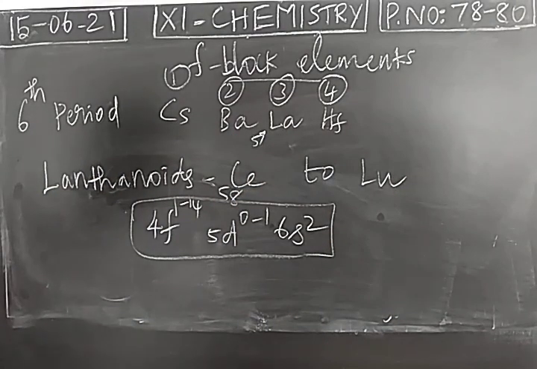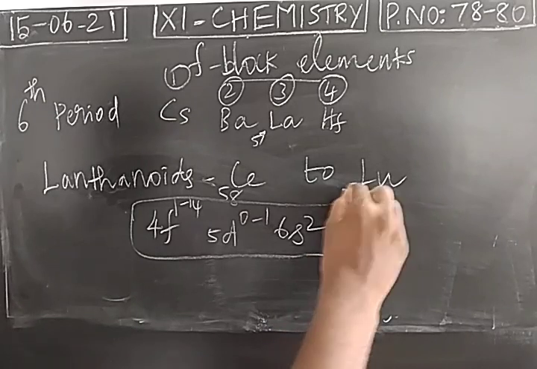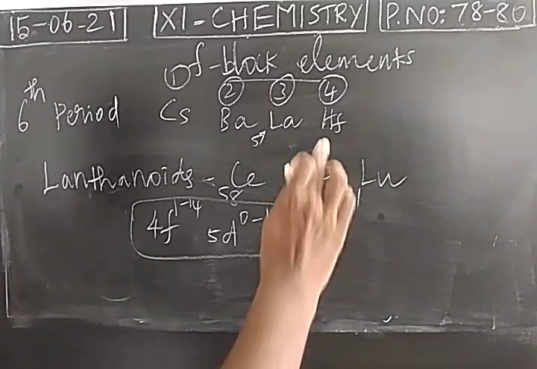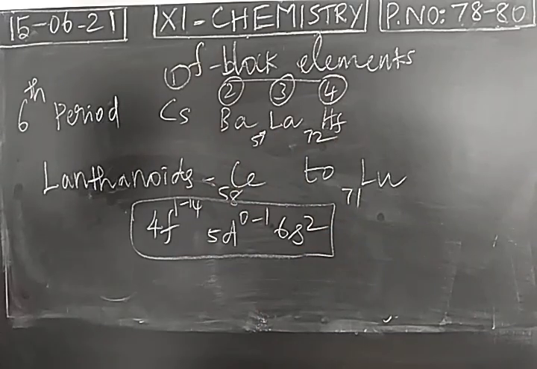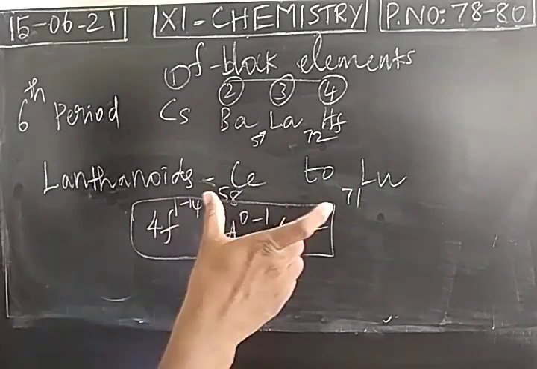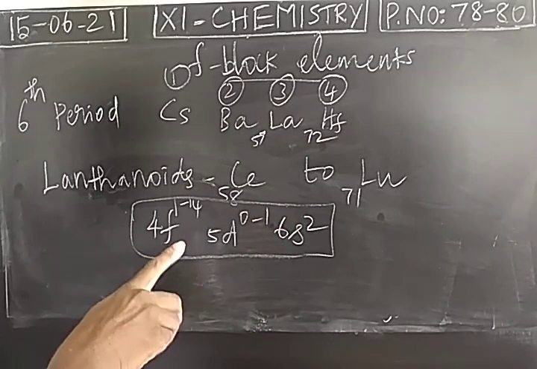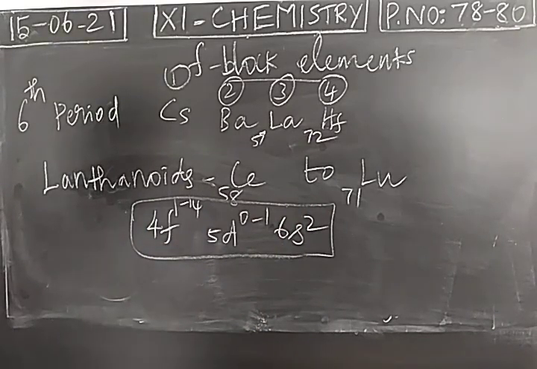Lutetium has atomic number 71, then hafnium 72. Between lanthanum and hafnium, 14 elements have been taken away. They are called lanthanides because the outermost orbital is the F orbital, or we can say electrons present in the F orbital are involved in chemical bond formation and chemical reactions.